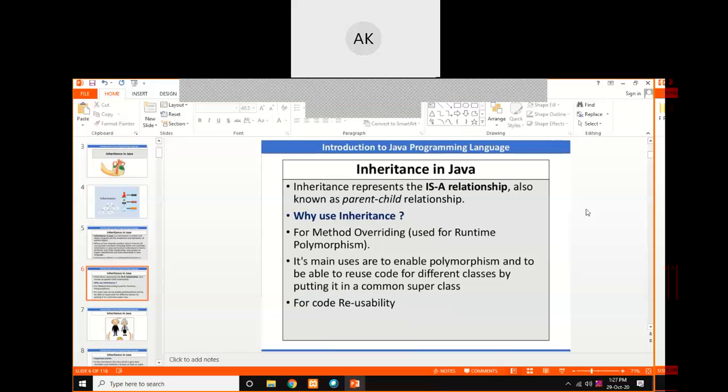We are going to talk about what is method overriding and how we are going to achieve it when we talk about programming, so we are going to see this practically, don't worry about it. Then its main use is to enable polymorphism, that is the act of representing more than one form, or in other words you can say reusability, right? Whenever we want to achieve code reusability, obviously we are supposed to use inheritance, right?